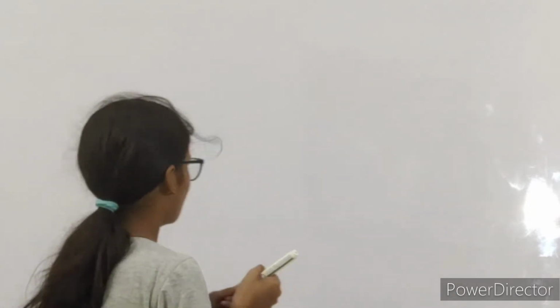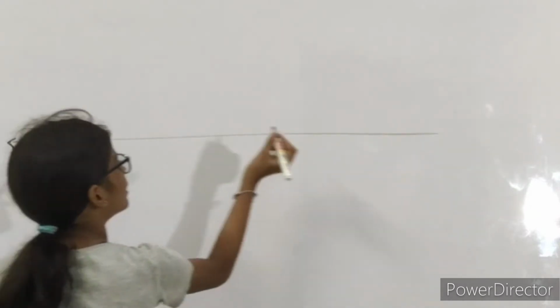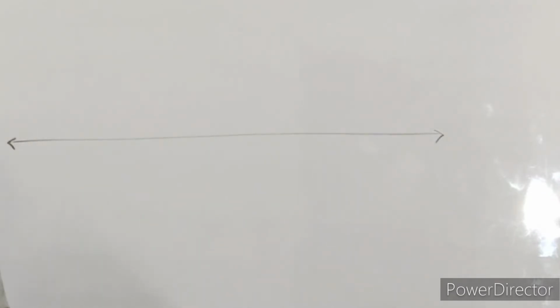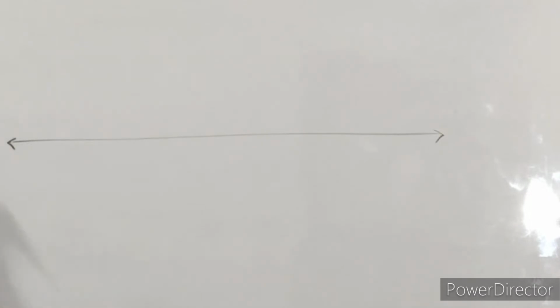Finally. Now we learn on the number line. And this is not the number line which you are thinking. Suppose you got a number like 3.7.